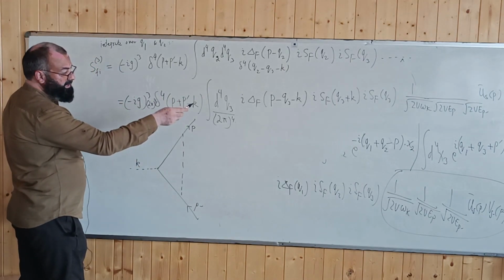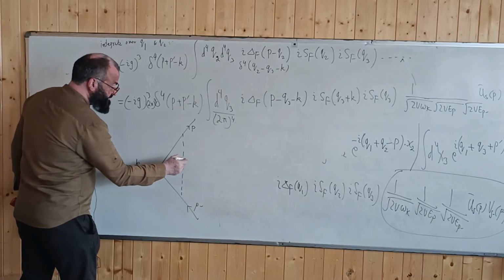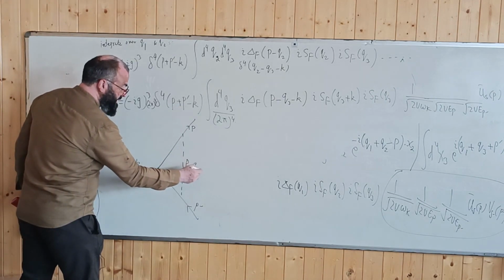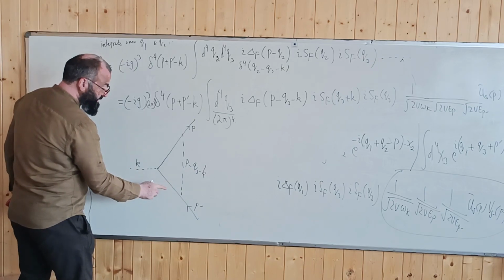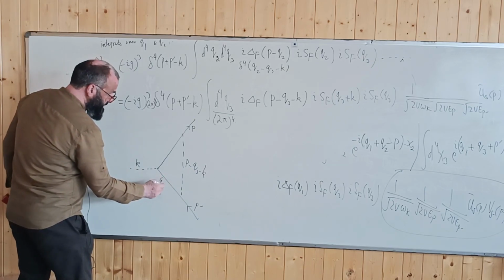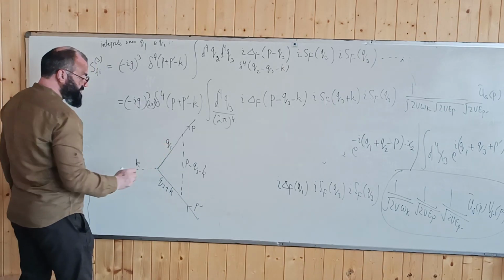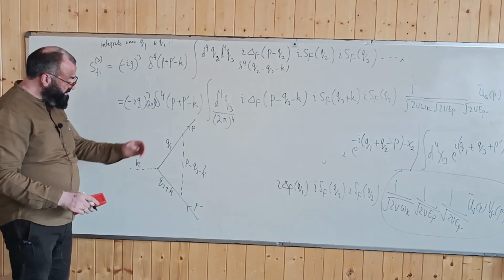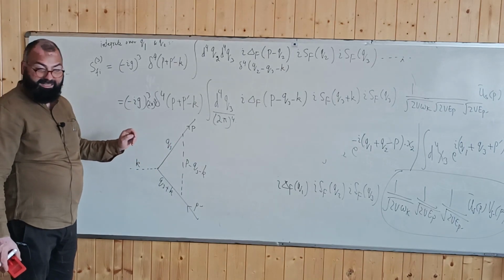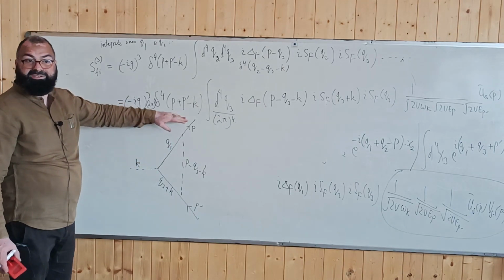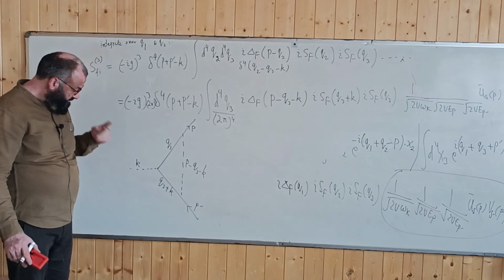Now let's look at these very arguments. This contains the momentum P minus Q3 minus K. What is the other factor containing? Q3 plus K, is it? What is the other? It is Q3. Understood? Now let's look at each vertex. So you are having an overall conservation of the momentum. So now look here.